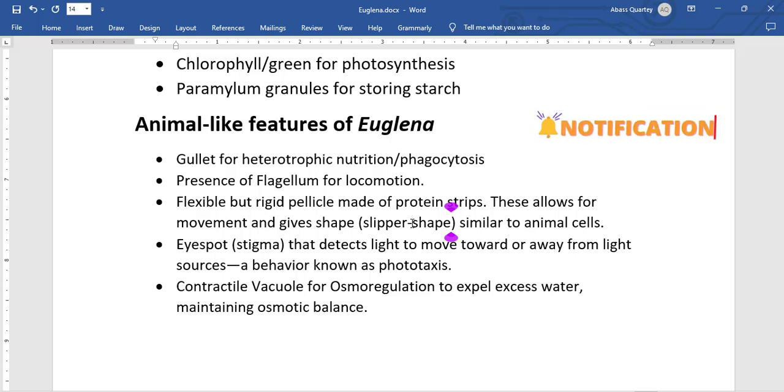The slipper shape is paramecium. Sorry about that. I was thinking about that. Yeah, so basically the Euglena has two ends, the anterior and then posterior ends. The anterior end is usually blunt, rounded, whilst the posterior end is larger and tapers to the end, becoming smaller and narrow. All right, so the pellicle is to strengthen.